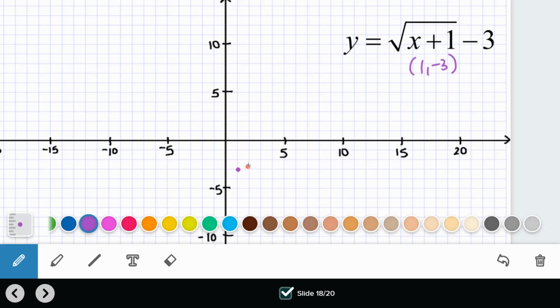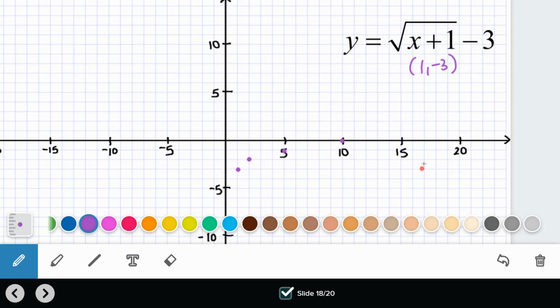So I go out 1, square root of 1 is 1. The next nice square is 4, so I'm going to go out 4, 1, 2, 3, 4. Square root of 4 is 2. I'm going to go out 9. So that's 4, 5, 6, 7, 8, 9. Square root of 9 is 3. Then out to 16.